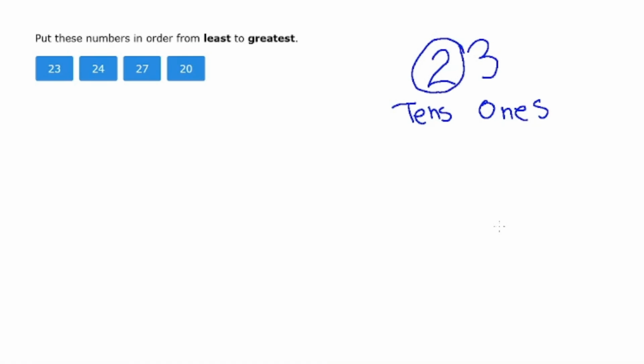So that doesn't really help you to find out which one is the least and which one is the greatest. So you would have to look at the ones digit next. So you would have to look at the ones digit for all of these numbers to figure out which one is the smallest and which one is the greatest.